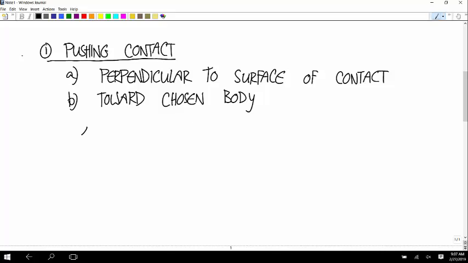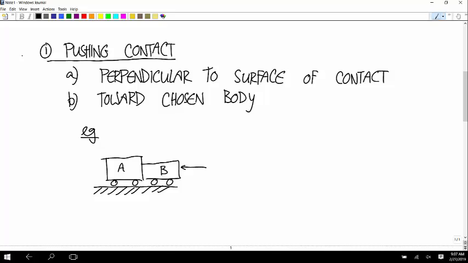So, for example, if you have two carts that are in contact, let's call the big one A and the little one B. And let's say that this force applied to B is 500 newtons.